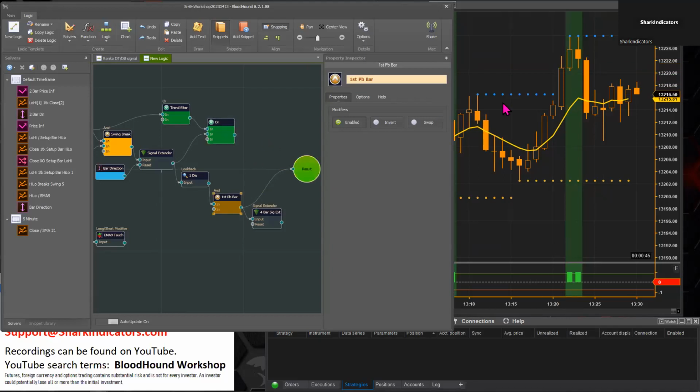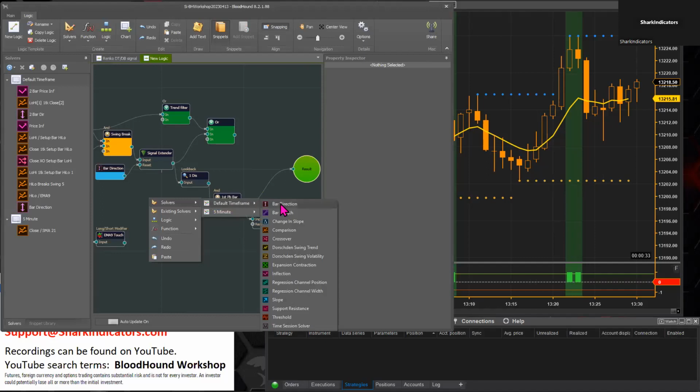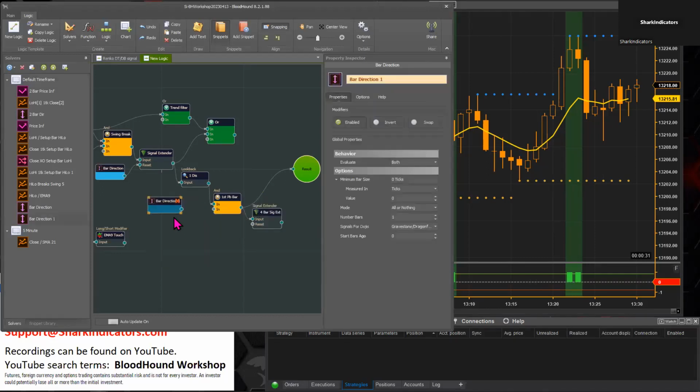As far as building a system, we don't need to clean this up, but I can clean this up just by grabbing another bar direction. And we're actually going to reverse the signals here. There we go. And I can plug that in there.